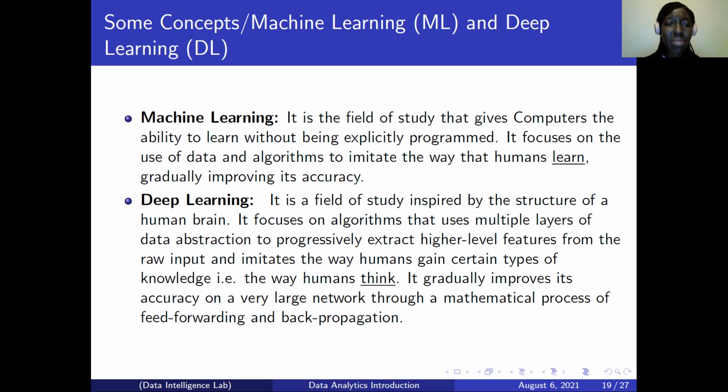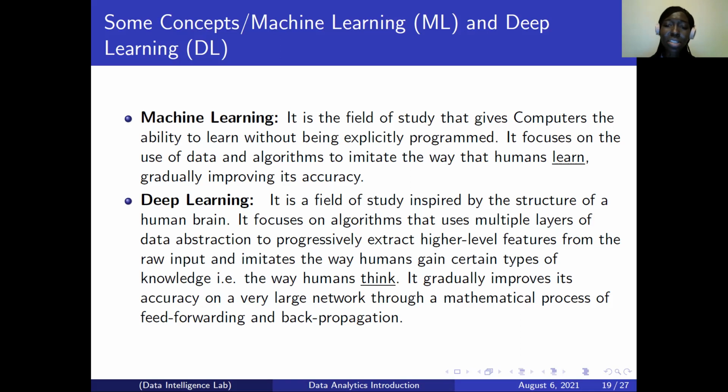So deep learning seems to be a much more complex form of machine learning, a form of algorithm premised on the computer algorithm gaining much more insights from multiple layers of data abstraction on a very large network. It's a kind of learning and relearning process.